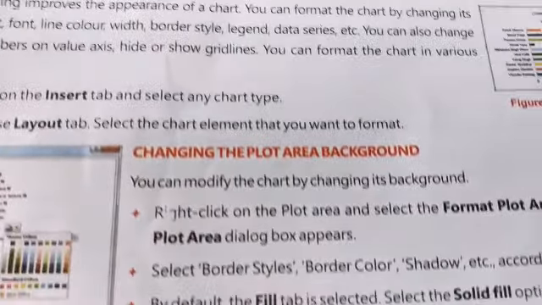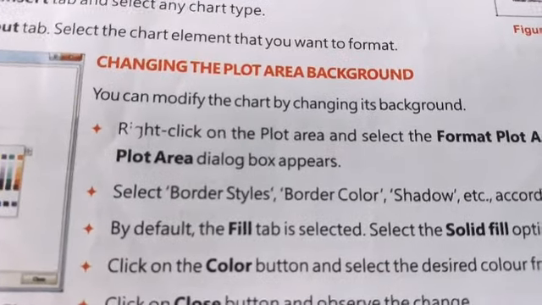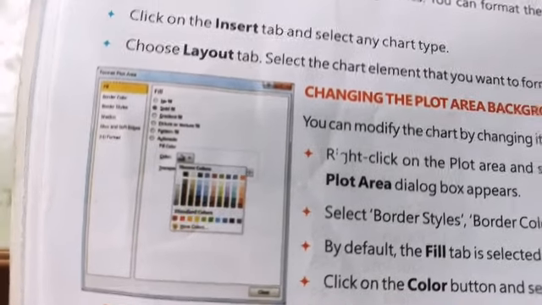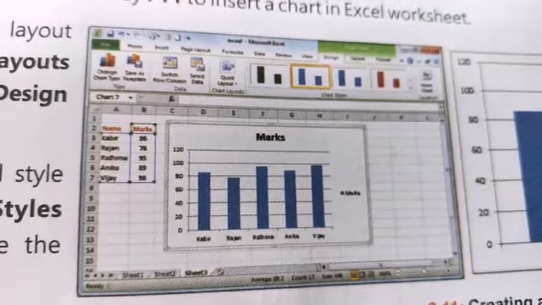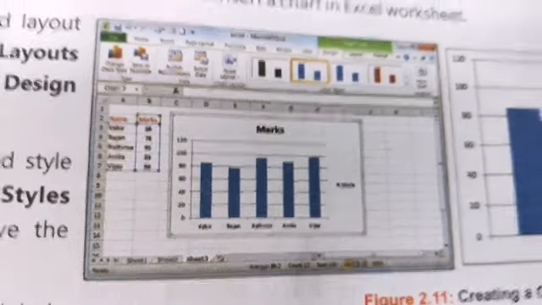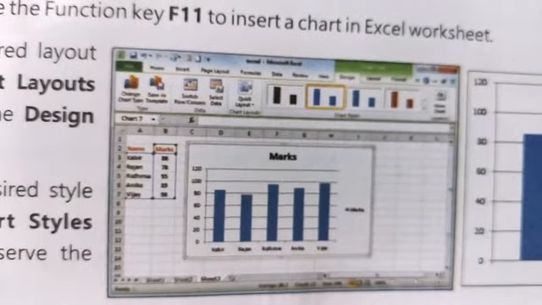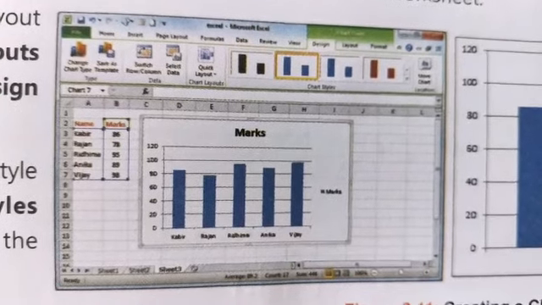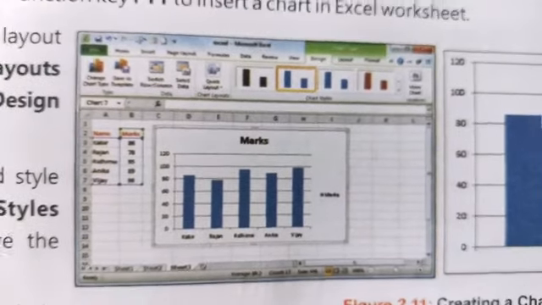Then the next topic is changing the plot area background. Plot area background means what you are seeing here: the background of this chart is white. So you can change this background according to your required color or need or a different type of texture.